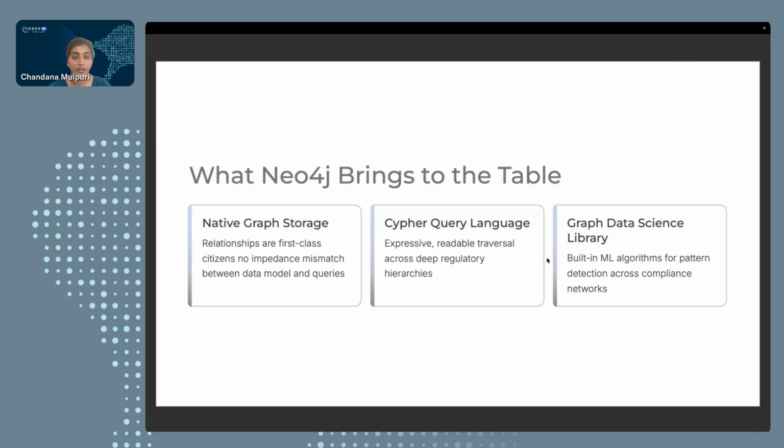Then the Cypher query language, where expressive, readable traversal across deep regulatory hierarchies comes into the picture. And the third one is the Graph Data Science library, where built-in machine learning algorithms detect patterns across compliance networks, and this brings a lot to the table.